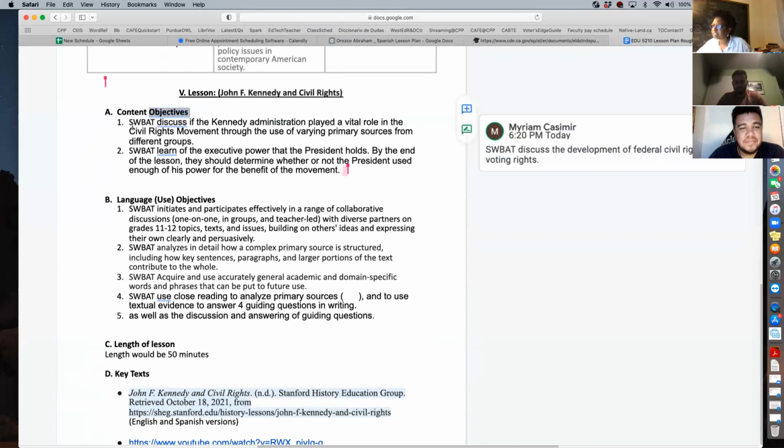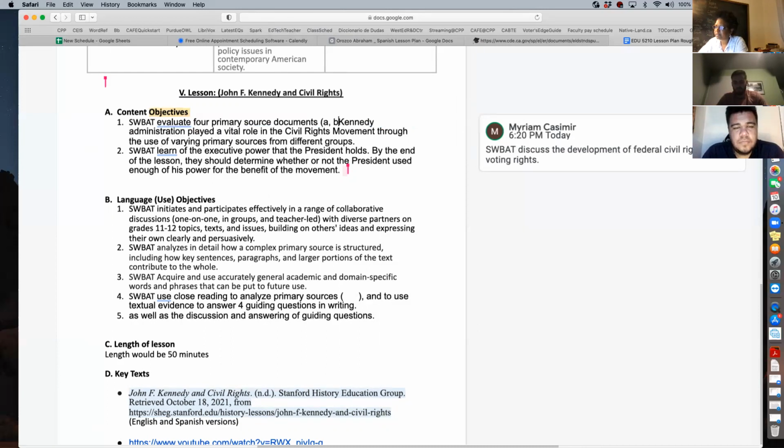Okay, students will be able to discuss. How about students will be able to evaluate primary source documents to determine the role played by the Kennedy administration in the civil rights movement. Students will be able to evaluate four primary source documents.